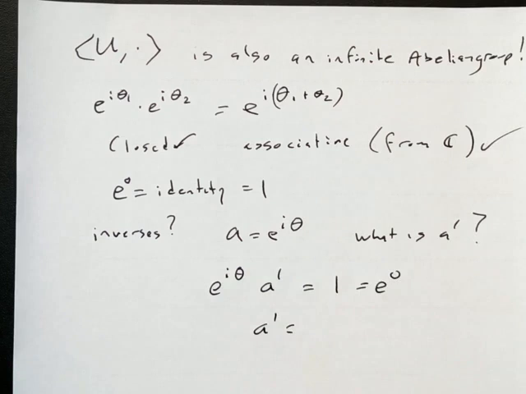This is regular algebra. How do I solve that equation? Yeah, 1 over a is 1 over e to the i theta, right? Wait a minute, I have a power in the bottom. What do I do with it?